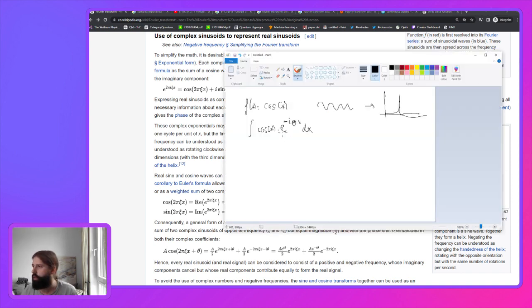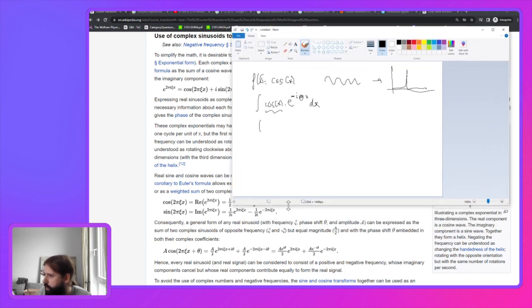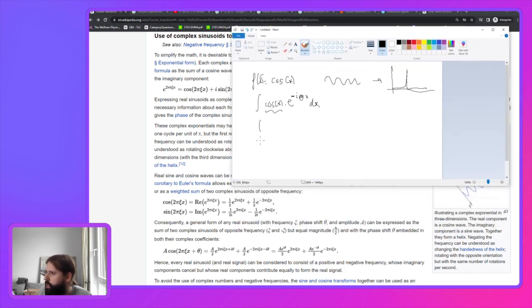I'd say basically what we're saying here is that this cosine component decomposes into half e to the power of iwx plus half of e to the minus iwx, and so that is basically equal to cosine of x times e to the power of minus iwx, right?